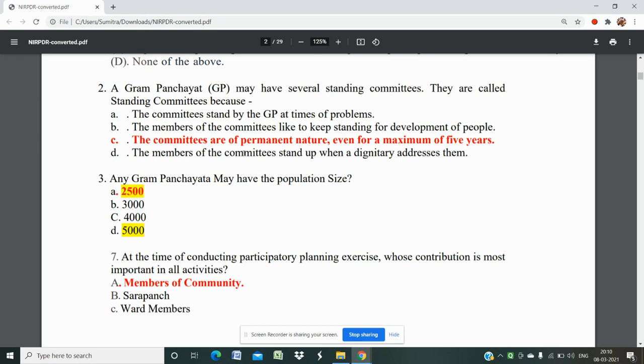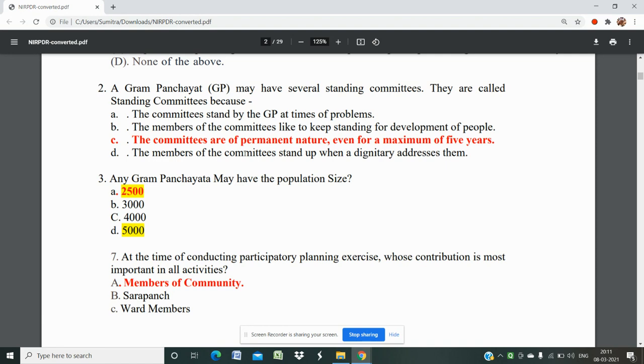So the question is also at a very fundamental level, a basic question. So do not panic too much about the questions and the syllabus. We have read all these things since our primary education, 5th, 6th, 7th, 8th, 9th, 10th.